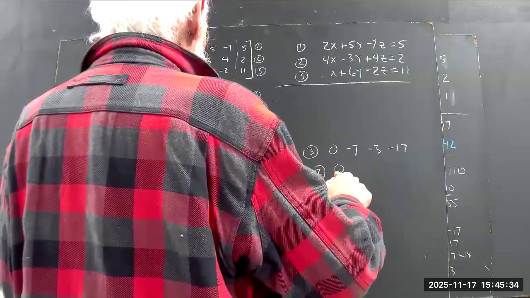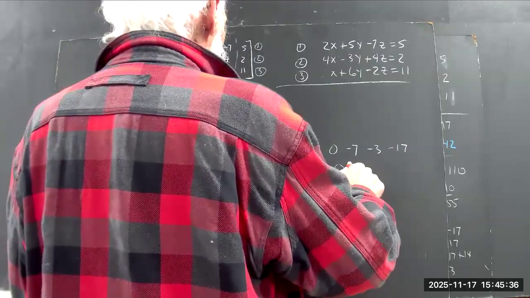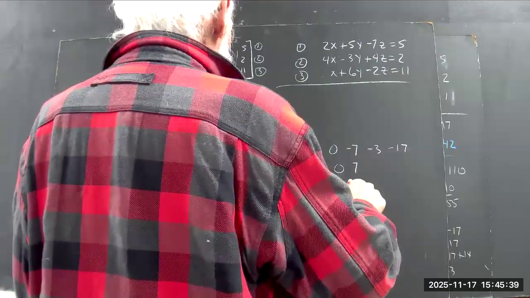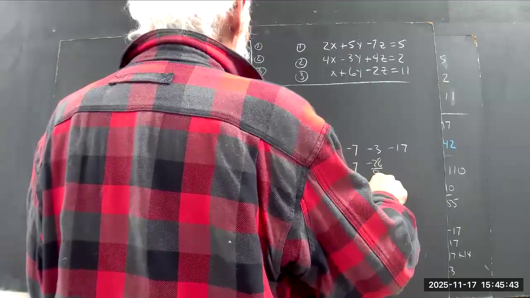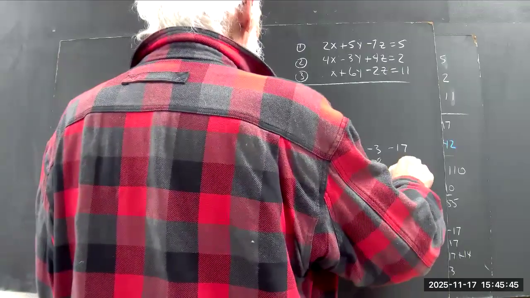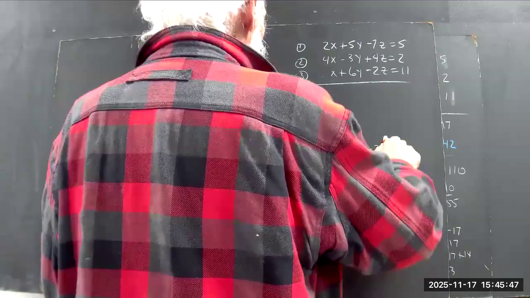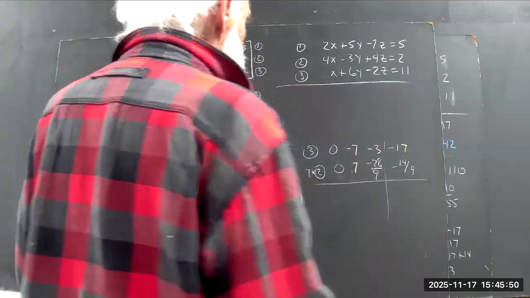Seven times row 2 is going to give us 0, 7, -28/9, -14.